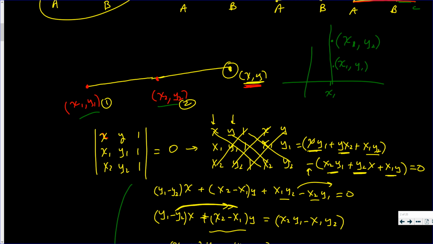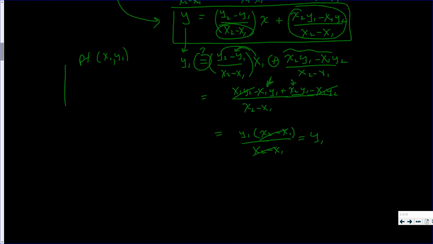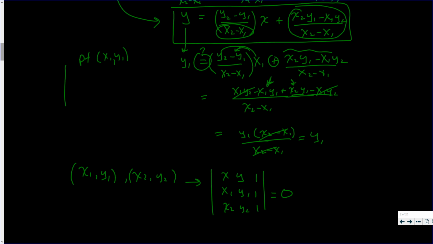Do a separate case for that. It will work out. So we did show that given 2 points, x1, y1, x2, y2 in the plane, the equation of the line containing those 2 points is this equation.